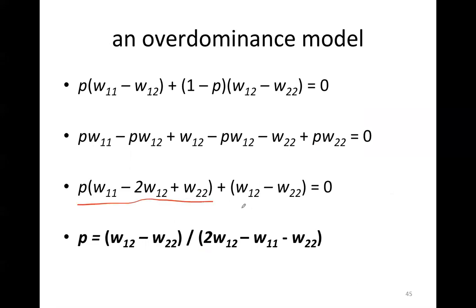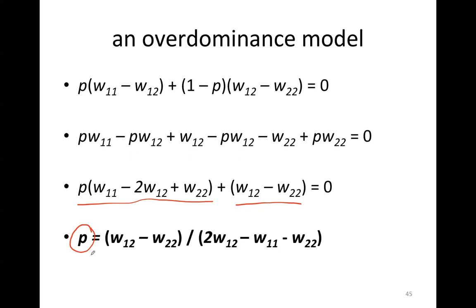And then on the other hand, we also have this part. And then what we just need to do is move P to one side. So move this part over, and then move this part below and multiply by -1 both sides, and we get this result.